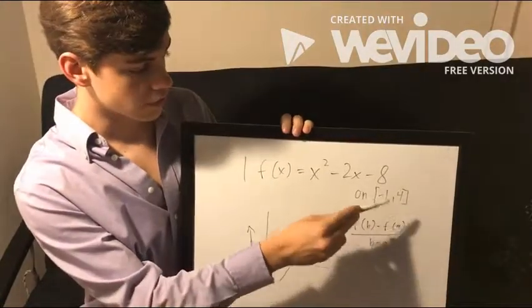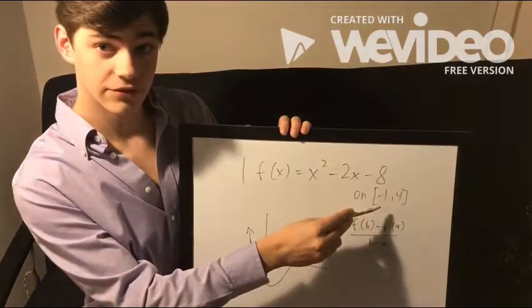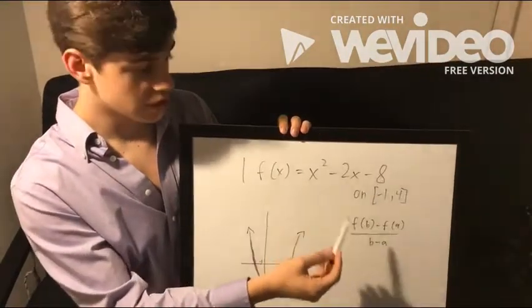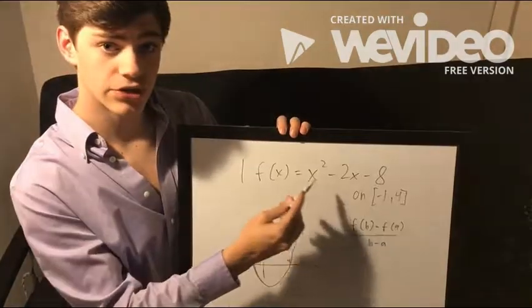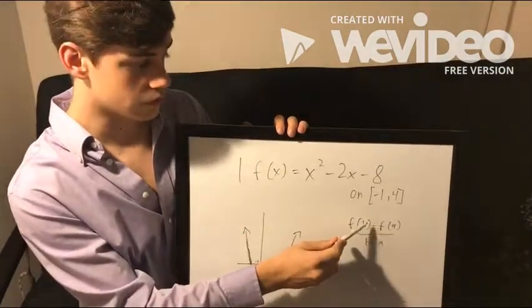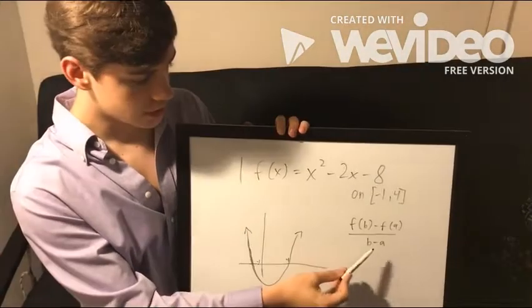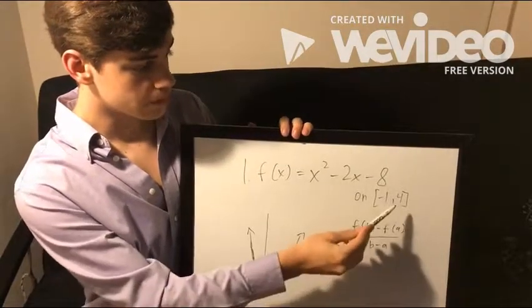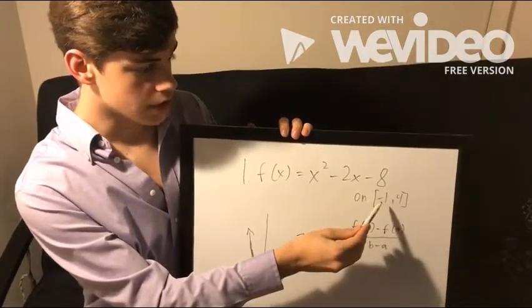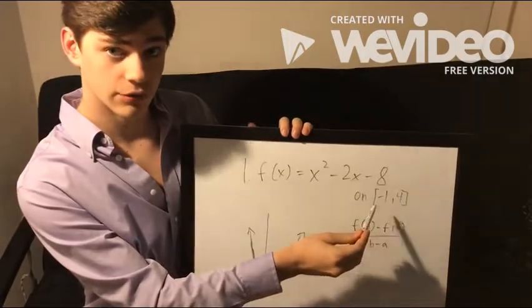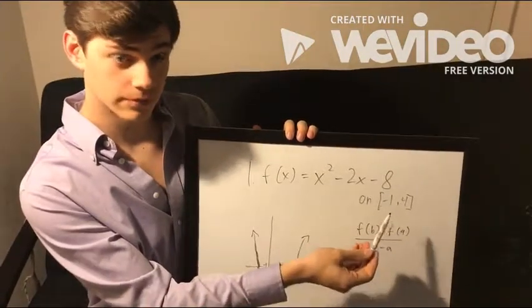F of a is going to be the first end of the interval plugged into the function. So by plugging these numbers in, we get the two y values that we use for the numerator of this equation. In the denominator, we simply subtract the first part of the interval from the second part of the interval.